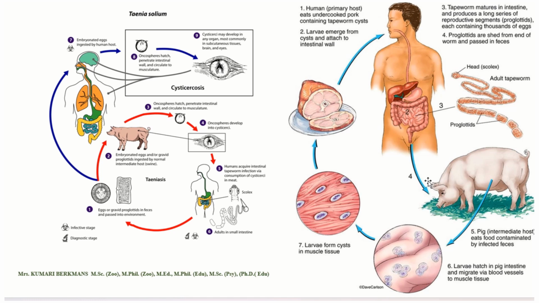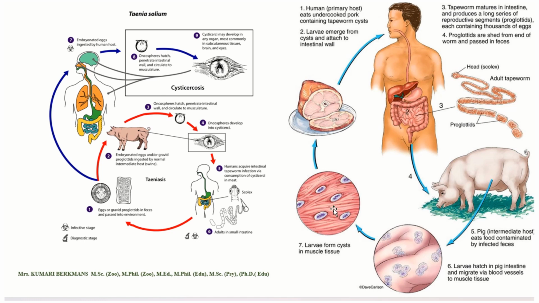So when the feces is out, it will be taken up by the pig, and in the pig only the development of this tapeworm takes place. That is the larval stage, and this takes place in the muscles of the pig.